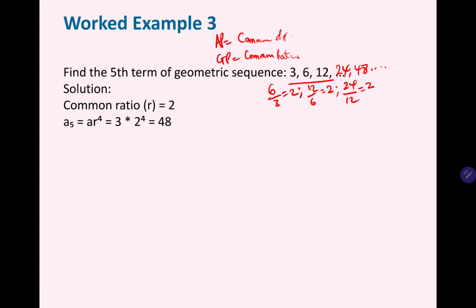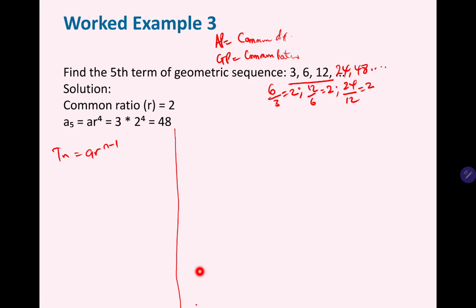Okay, so we look at this question. Now, to get any term in a geometric progression is different from the arithmetic progression. For the geometric progression, to get any term, let's say Tn, be it the 10th term, 20th term, or anything, is the first term multiplied by the common ratio raised to power n minus 1.